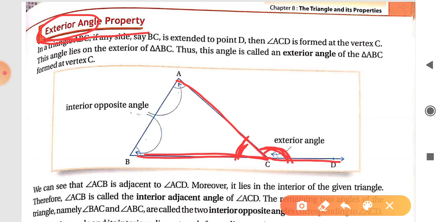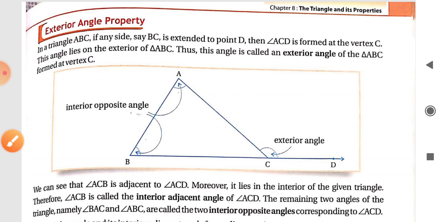And there are also two more angles in the interior region, that is angle A and angle B. These are known as interior opposite angles corresponding to this exterior angle, angle ACD.